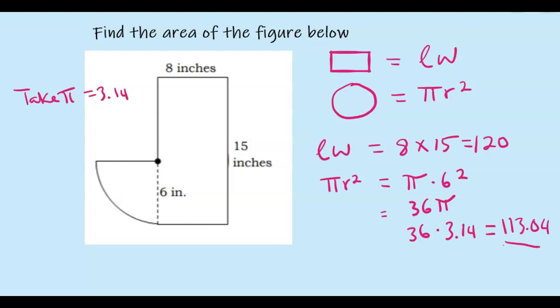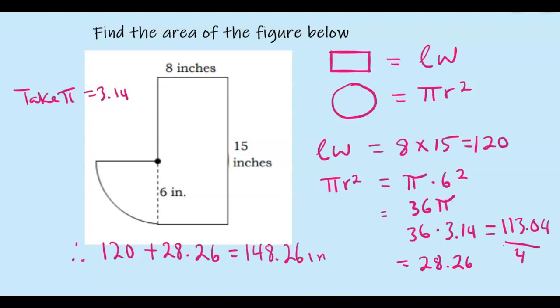So we have to divide this by 4, and that gives us 28.26. So therefore, the total area of this figure is going to be 120 plus 28.26, which gives us 148.26 inches squared.